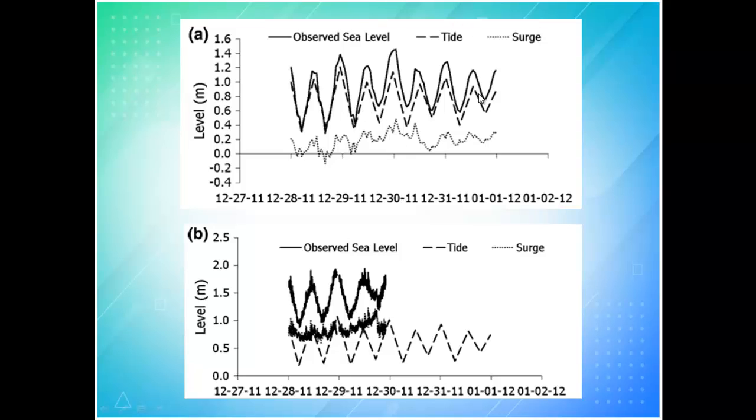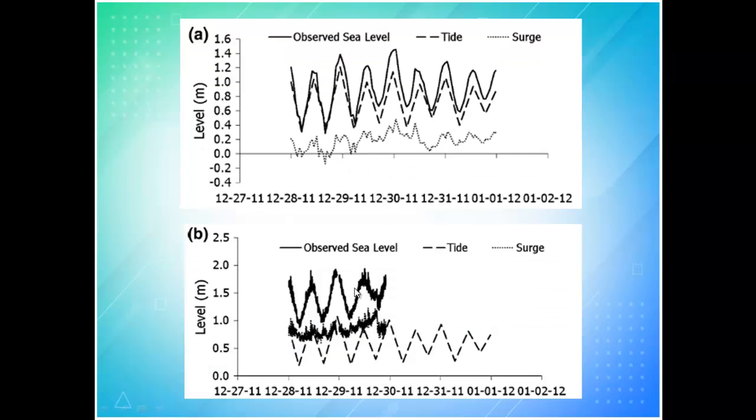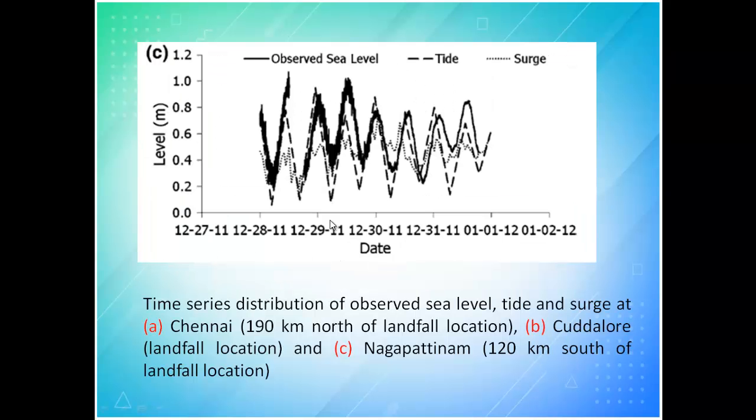This is for one place A, this is for another place B, and one more place we take into consideration is C. So A is Chennai and B is Kadalur, where you can see the observed sea level is more only in Kadalur, because Kadalur is close to the place where it is going to hit the land, whereas Chennai we have seen is far away north, and the last one, Nagapattinam, is far away south.